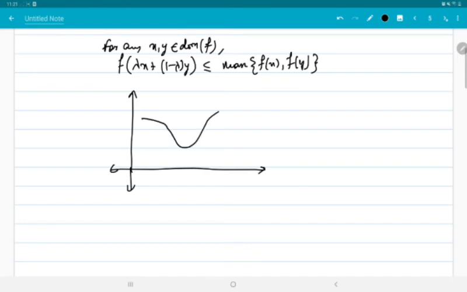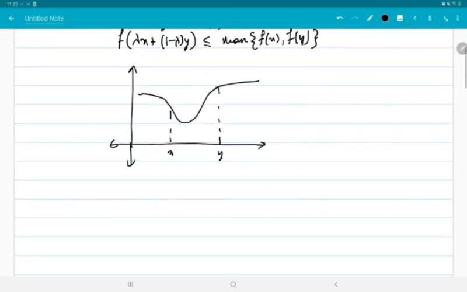So this is a function which is quasi-convex. For any two values, I take one x here and one y here, and the function of the convex combination, the y values, are lying in between f of x and f of y, right?